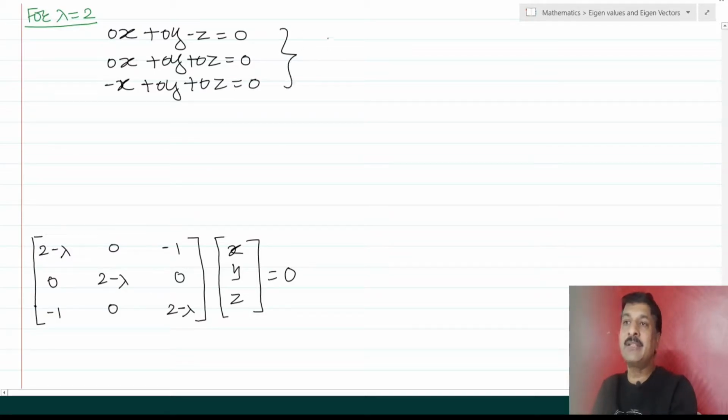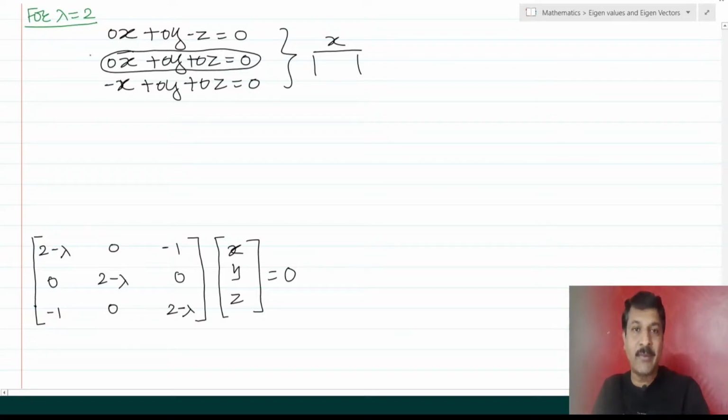So by Cramer's rule, you find the values of x, y, z. But note that here the second equation contains all 0, which means this is not an equation there.